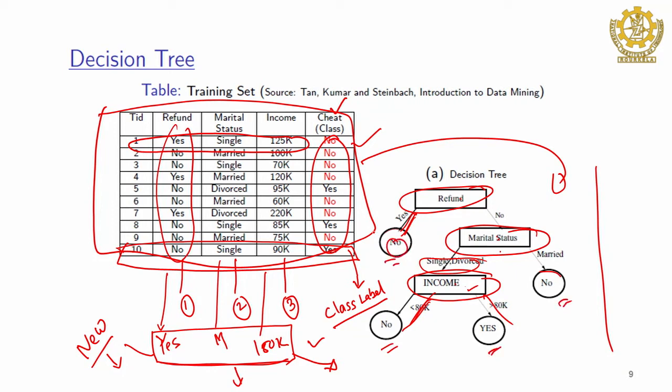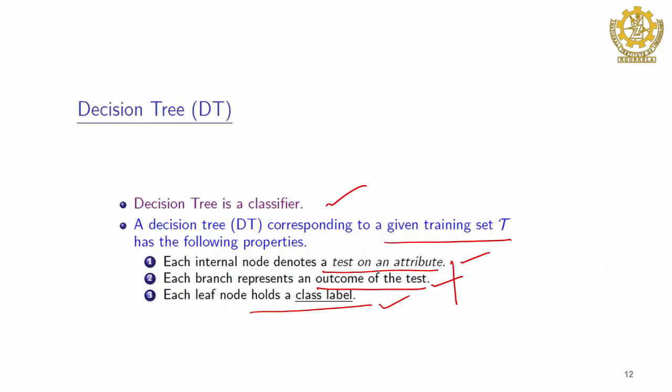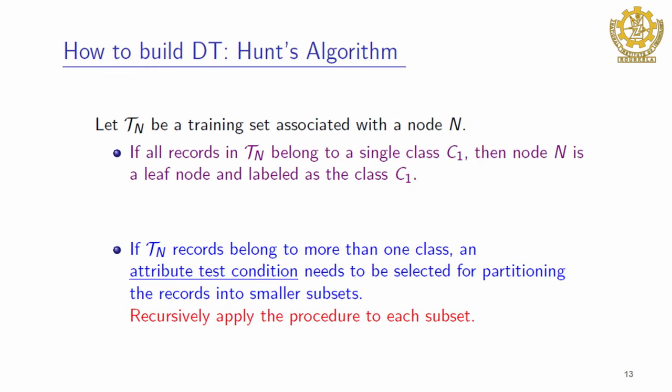This no is not an attribute value here, this no basically represents the class level no. And this yes is not any other attribute value, these values indicate the class level. Now we will talk about how to build the decision tree. In the previous video, we saw the working principle of the classification technique, and then we gave the definition of the decision tree.